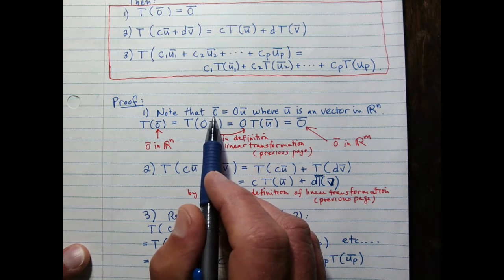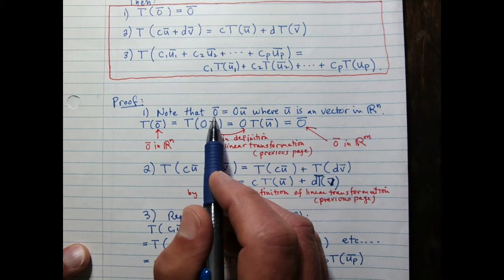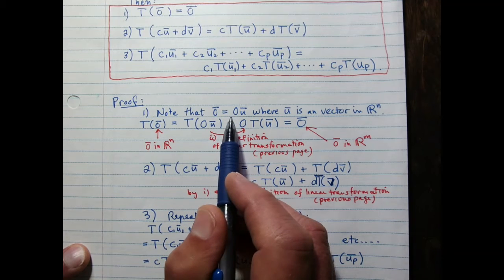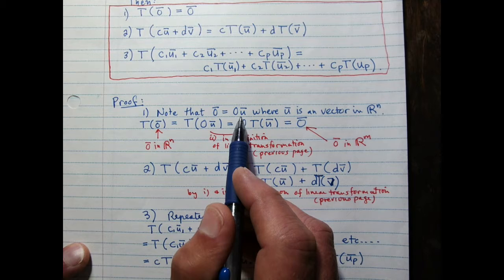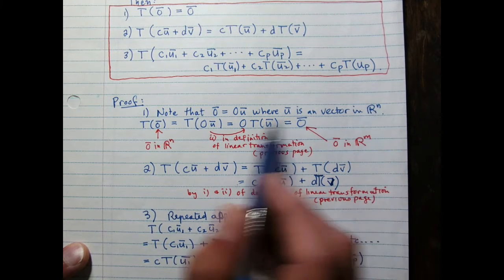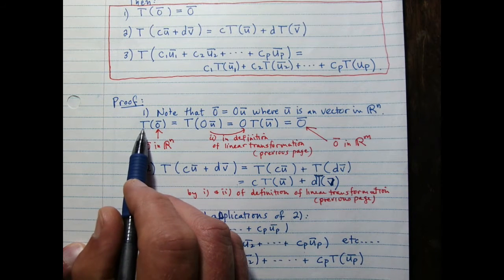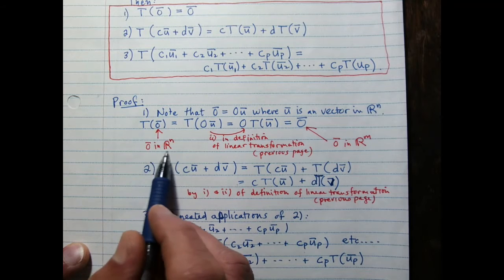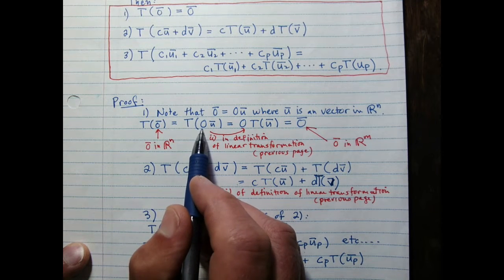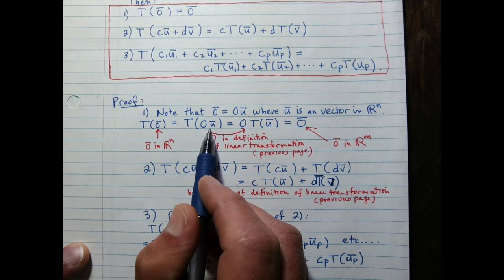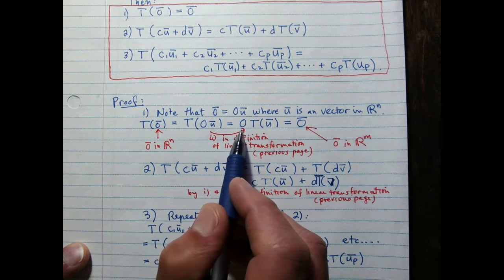So we're going to say 0 in the domain space can be thought of as the scalar 0 times any vector, where u is any vector in Rn. So when we apply T to 0, the 0 in Rn, we can write that as T of the 0 scalar times a vector u. And the 0 scalar we can factor out in front because that's a property of linear transformations.